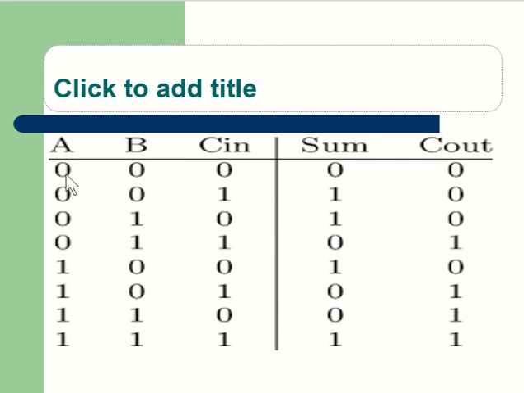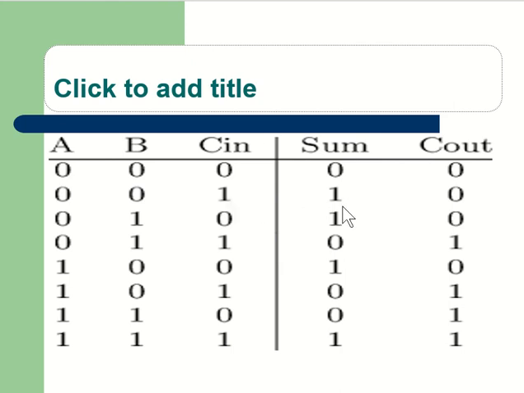When A is 0, B is 0 and C in is 0, we are going to add 0 plus 0 plus 0, which results in sum equal to 0 and carry equal to 0. Next case, when A is 0, B is 0 and C in is 1, that is 0 plus 0 plus 1.